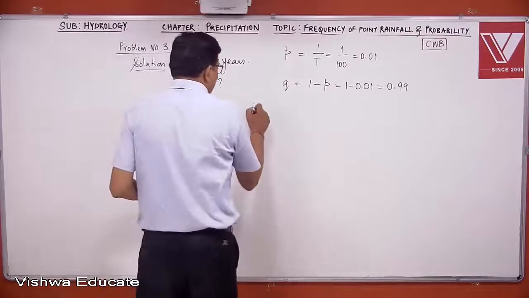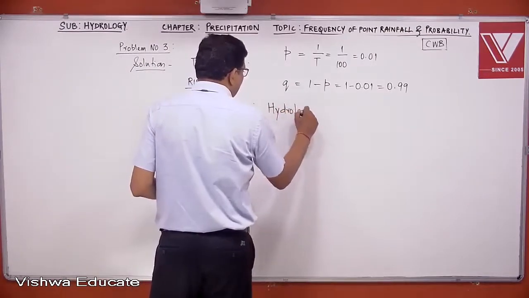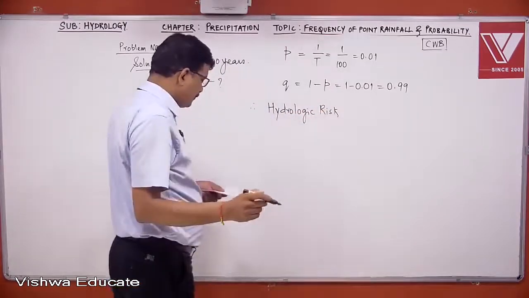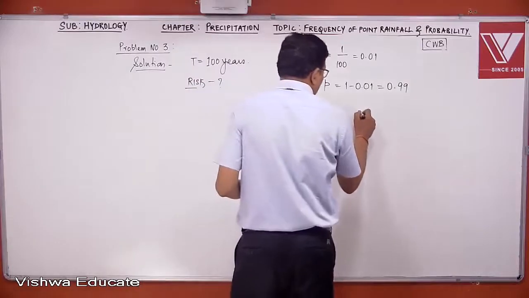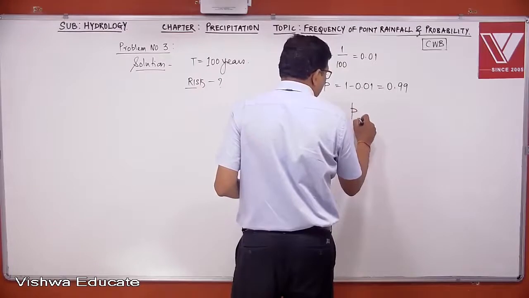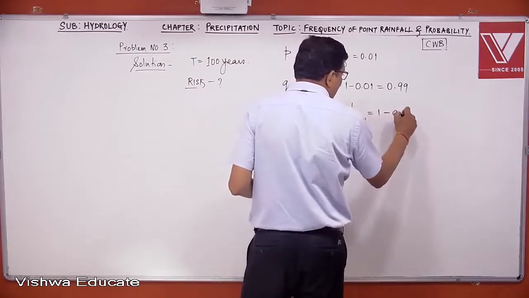So what we want is the risk. Therefore, the hydrologic risk is given by, this is nothing but p once in n successive years is 1 minus q to the power of n.